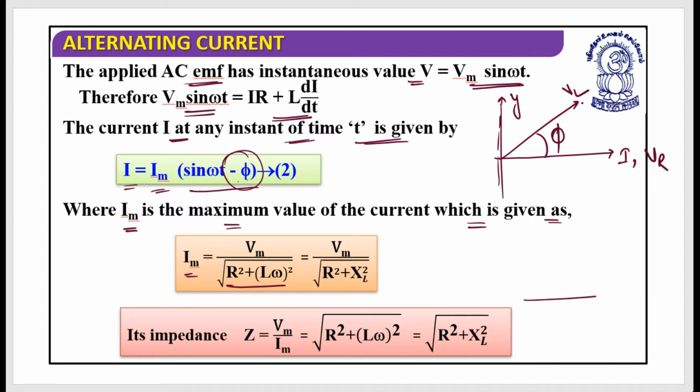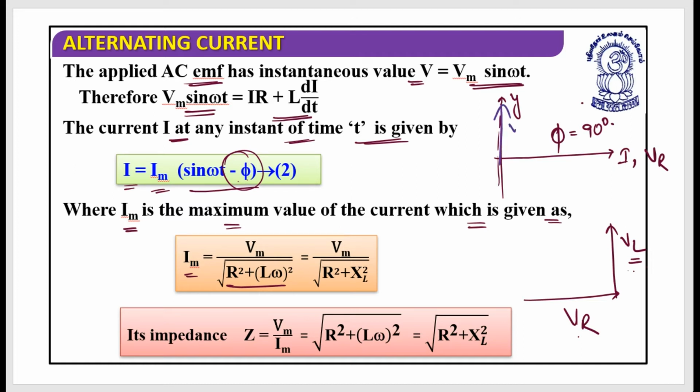It is something like this: this is the voltage triangle, VR, this is the VL. As I see, VL is perpendicular to VR, so I understand that this φ is equal to 90 degrees. If you want the correct representation, it would be somewhere here.